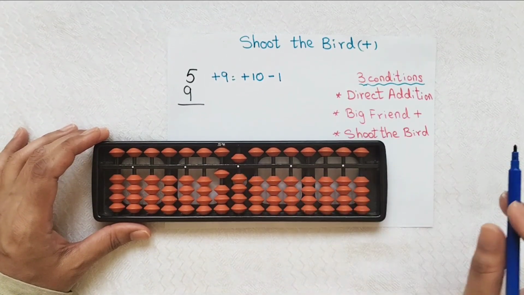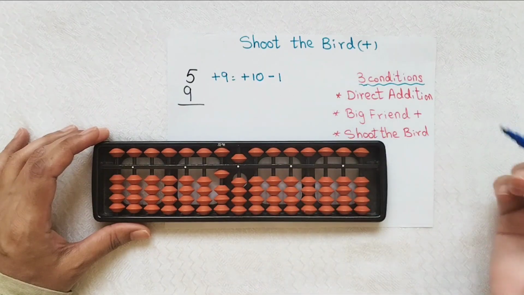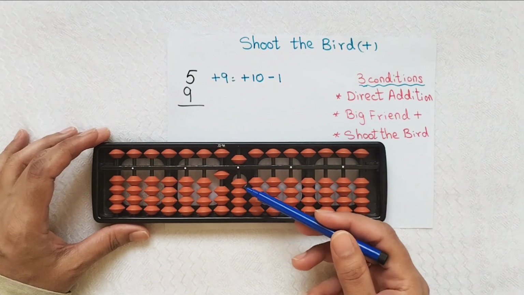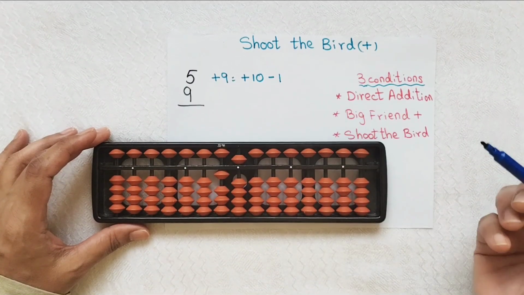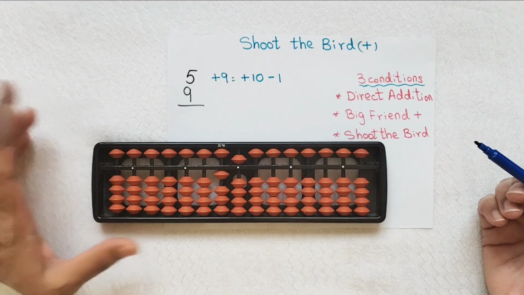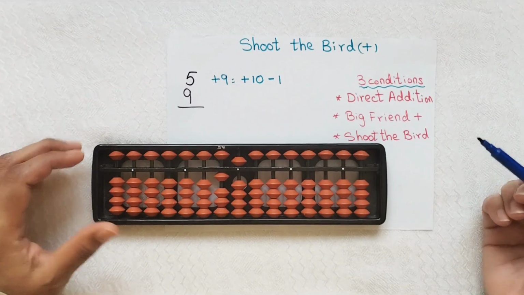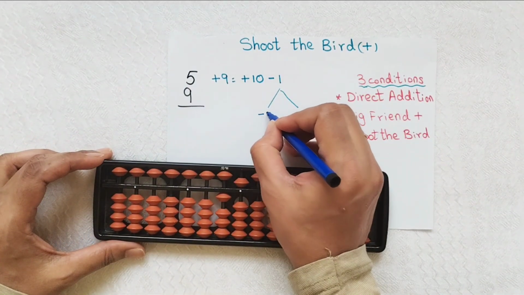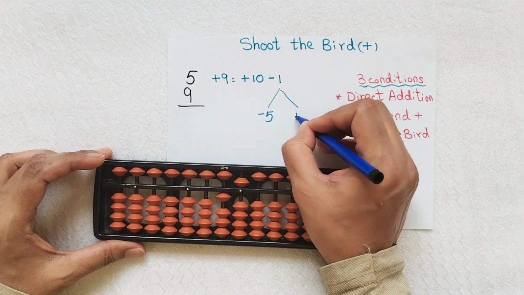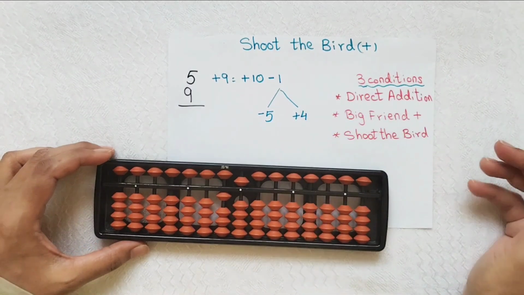Now less 1. How will I do it? I cannot do less 1 here because I have 5 and I don't have anything in the lower beads. So for less 1, I have to use another formula, the small friend subtraction formula. That is less 5 plus 4.